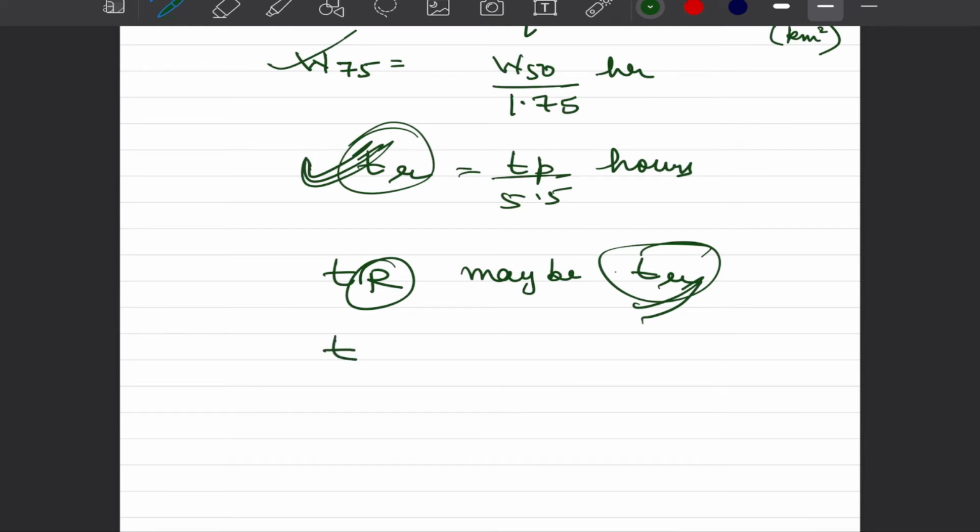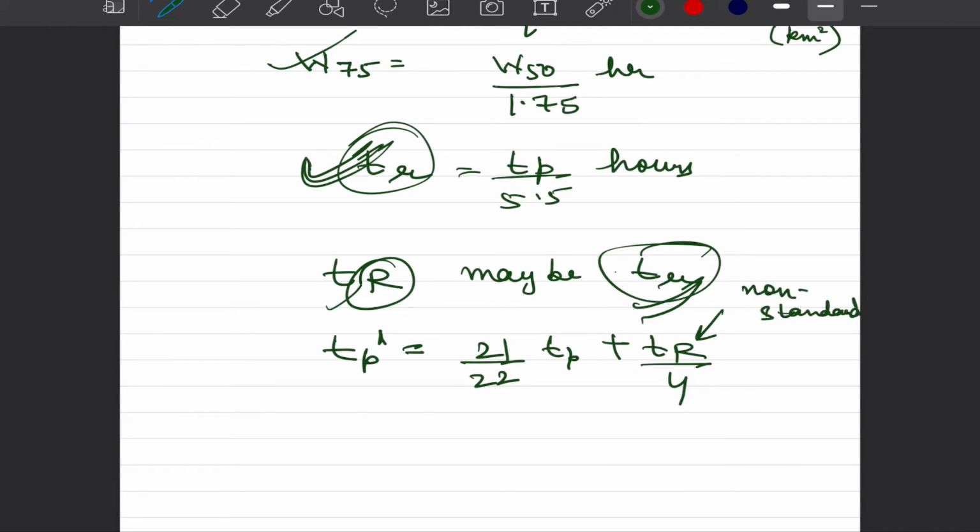So Snyder again studied how we can convert the lag time for any duration of effective rainfall, and the relationship between TP dash and TP is given by 21 upon 22 TP plus TR divided by 4, where capital R represents the non-standard duration of effective rainfall, and TP is what we have calculated using the standard formulae.